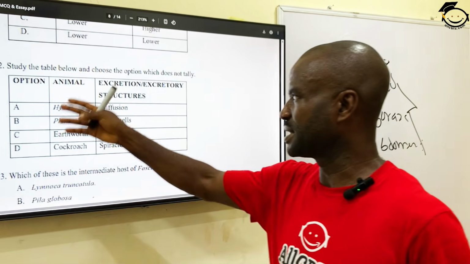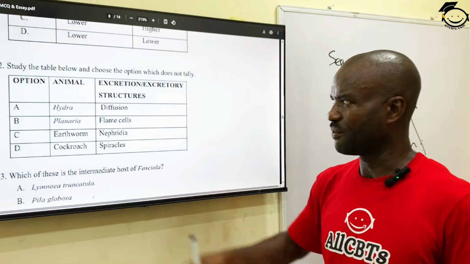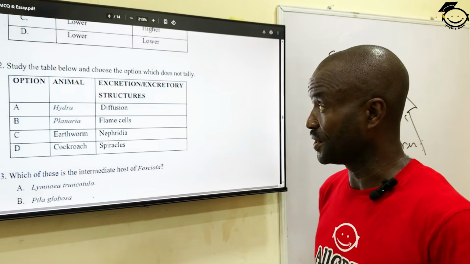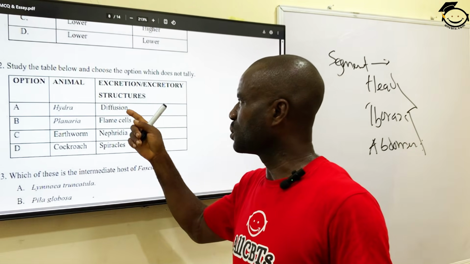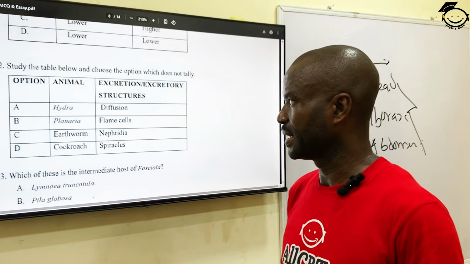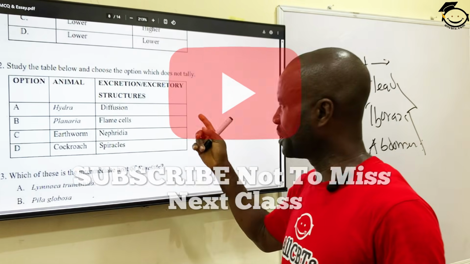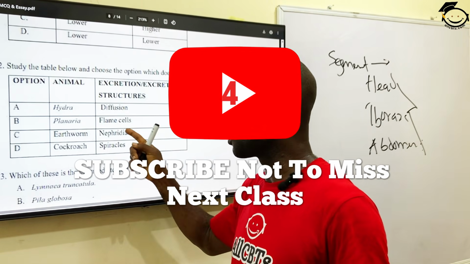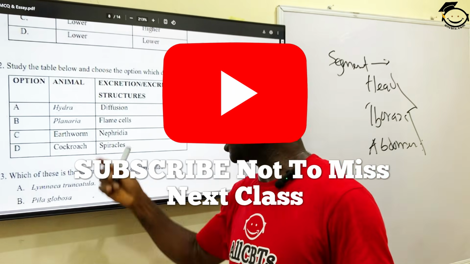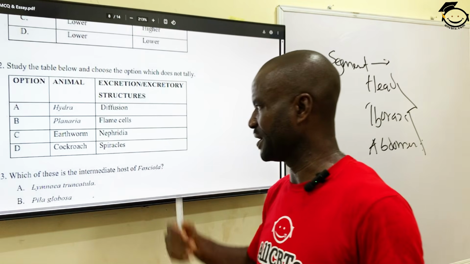In options A, B, C, D, we have animals and their excretory systems. Hydra, an example of coelenterates, undergoes diffusion as a way of removing its waste material. Planarians, these are worms, remove their waste material through flame cells. Then C, earthworm. The structure for removing their waste product is nephridia.